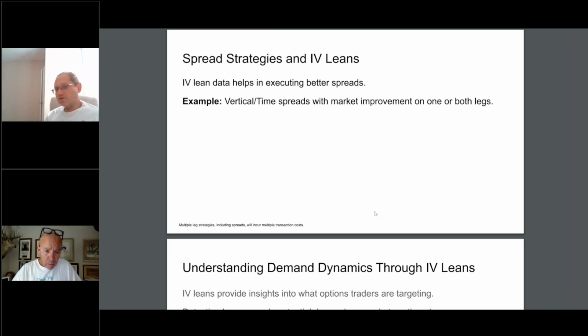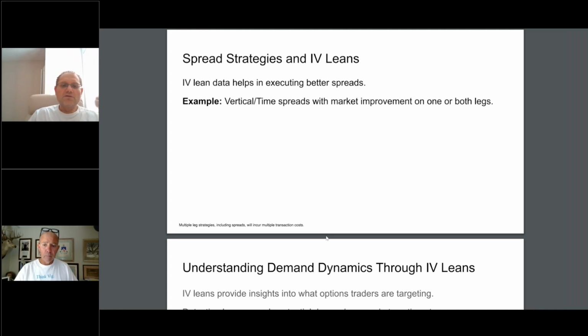Well, it could line up where that makes it an interesting opportunity for a spread. It could be a vertical spread, a time spread, or other types of spreads. But when the markets all of a sudden line up, then you can create a strategy based on what you're seeing on the board, what's on the options chain. So it doesn't have to be just one single option involved. It could be multiple legs involved that present an opportunity.